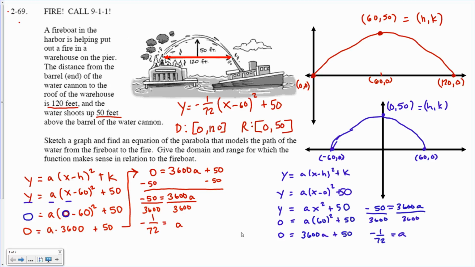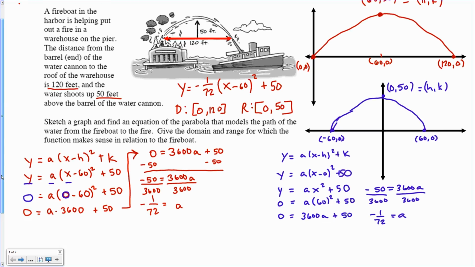So what I'm trying to get you to see here is it doesn't matter what point you start on as long as you have the same shape to your graph, or the stretch factor is the same. So our stretch factor is negative 1 over 72, which ends up being the correct value for both of these graphs that start in different places. So our equation, though, would change a little bit in terms of the location.